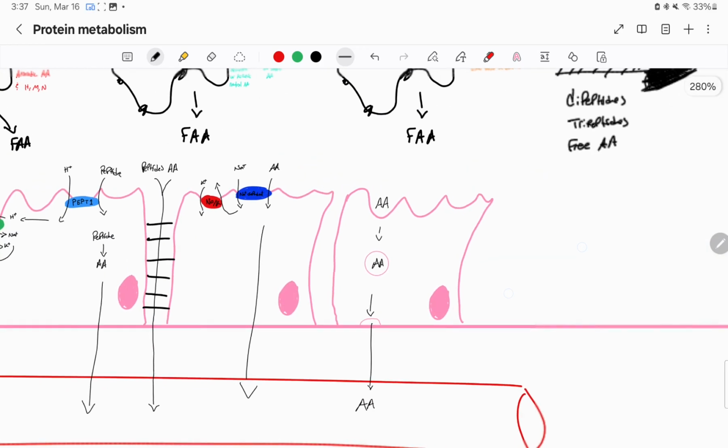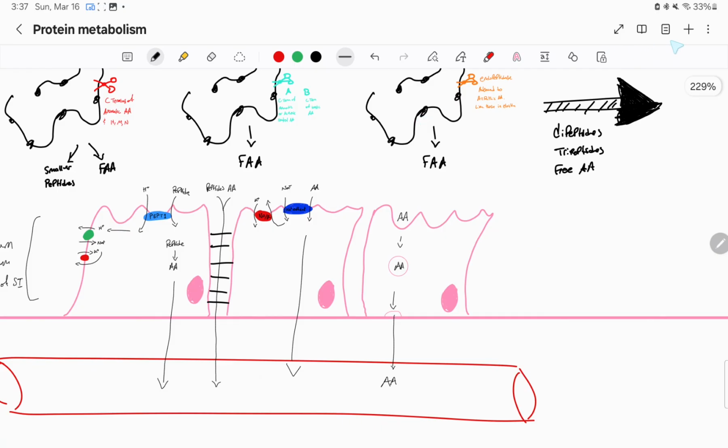Awesome. Another way, and I think this is the final way that amino acids can be brought in, is by transcytosis, and special cells in the small intestine can do this, or have been proposed to do this. They're called M cells.